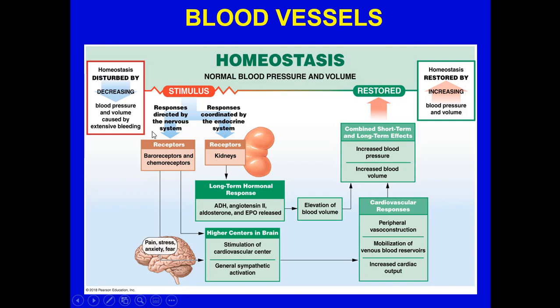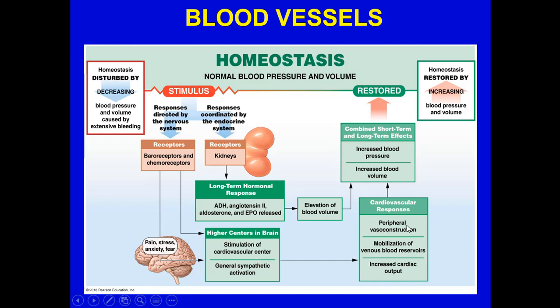Well, right off the bat, you've seen this before. Decreasing blood pressure and volume, caused by extensive bleeding. The responses by the nervous system are all going to be kicked off by the baroreceptors and chemoreceptors, and they're going to act through general sympathetic activation, stimulation of the cardiovascular center, okay?